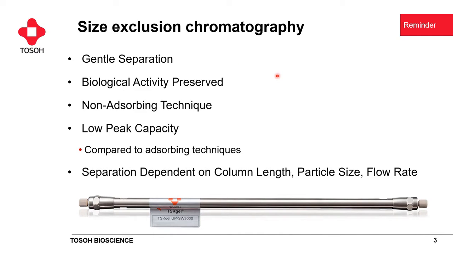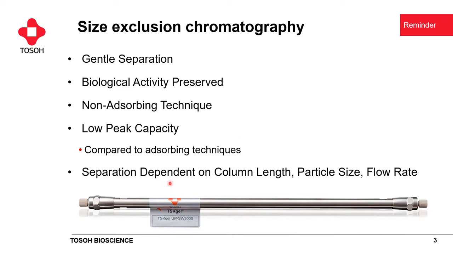But with size exclusion chromatography, we have a method on hand that is very gentle to separate those impurities, and it preserves the biological activity as we work in physiological conditions, meaning the pH, moderate salt concentrations. It's a non-adsorbing technique in comparison to other chromatography methods such as ion exchange, for instance, and we will come across low peak capacity, so we cannot load a lot onto the column, and furthermore we rather dilute our sample than concentrating it by the chromatography.